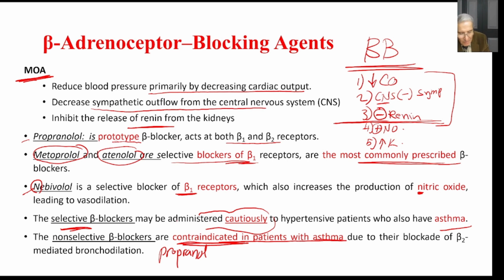So if the patient suffers from asthma and hypertension and comes to the clinic for treatment, and you decide to prescribe a beta blocker, it's not allowed to prescribe propranolol, because propranolol may cause bronchoconstriction and lead to exacerbation of asthma.